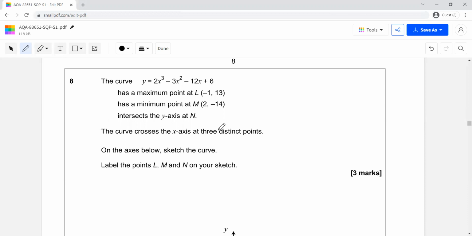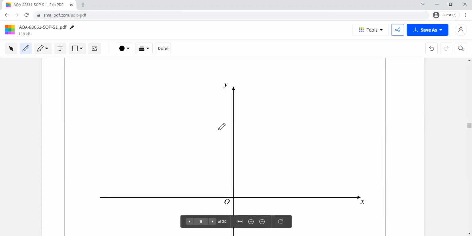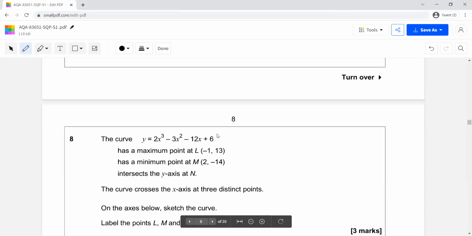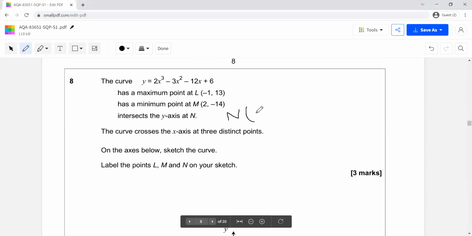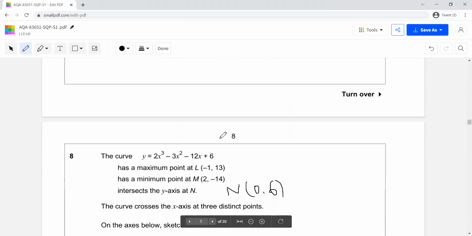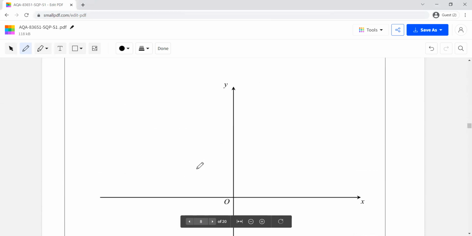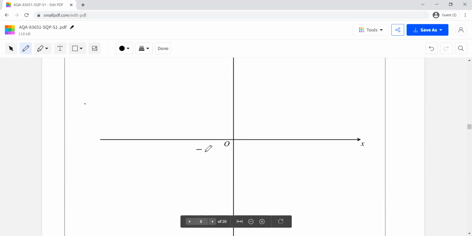Okay. So our graph should be very clear. So point N is (0, 6). And we're going to just see what point (-1, 13) would be. Probably somewhere around here.